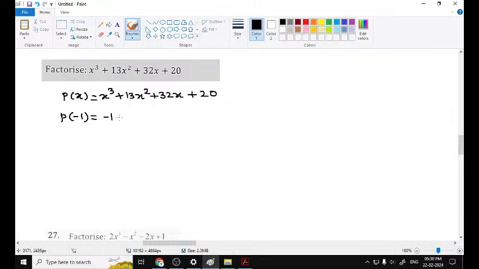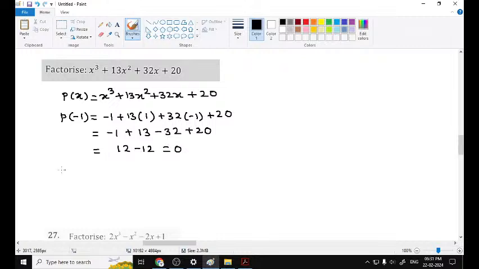Minus 1 cube is minus 1, plus 13 into minus 1 square is plus 13, plus 32 into minus 1 is minus 32, plus 20. So this is minus 1 plus 13 minus 32 plus 20. This is 12, and this is minus 12, which is equal to 0.